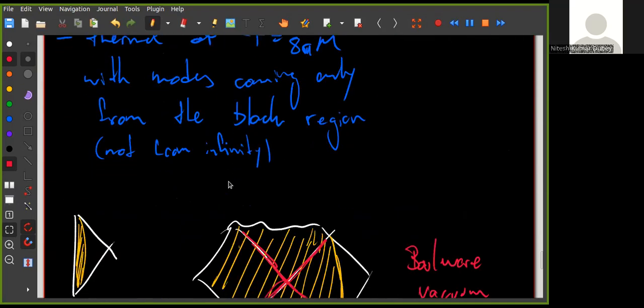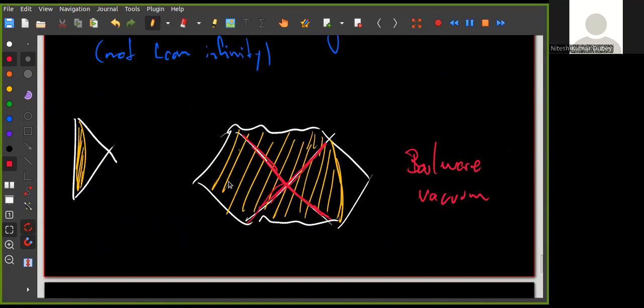So I'm asking, does a freely falling or inertial observer in the Boulware vacuum observe something? Yes, the Boulware vacuum has no thermality because it has no horizon.